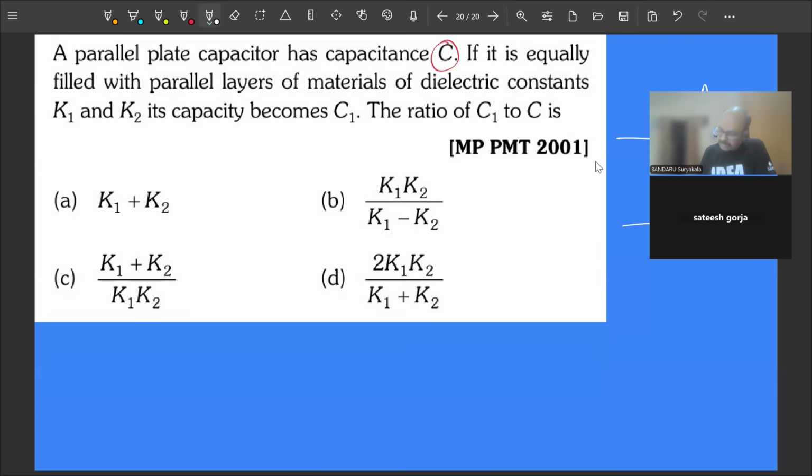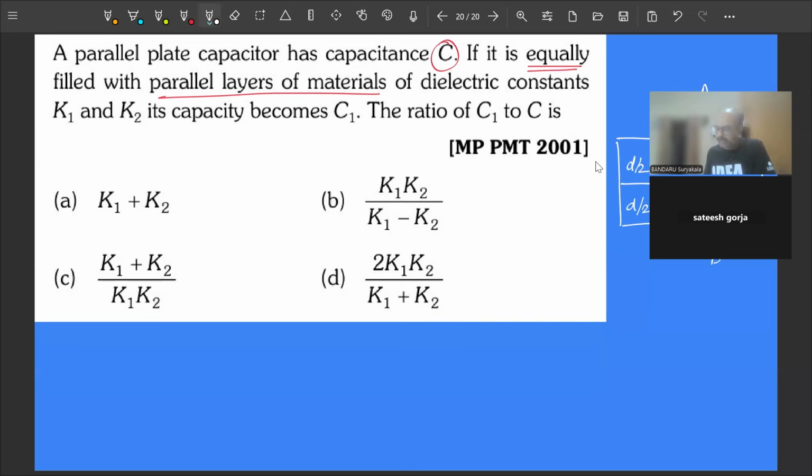So this is A and this is B. Now these two are filled with the two dielectric materials. The given parallel layers of materials equally. Equally means this is distance d by 2, d by 2.